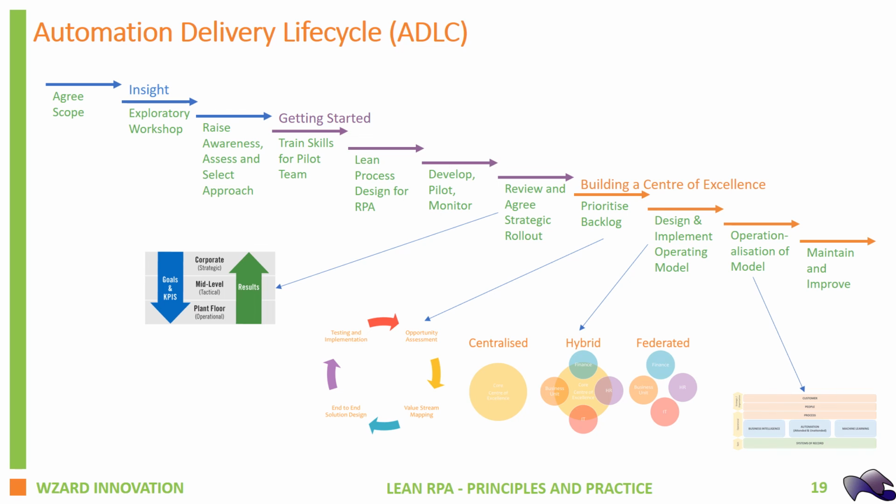And that has started with the very first step of agreeing a strategic rollout following the end of a successful pilot, feeding back the lessons learned and how automation will best fit within your organization and how this will inform corporate strategy, mid-level tactics and operational activities throughout the entire organization.